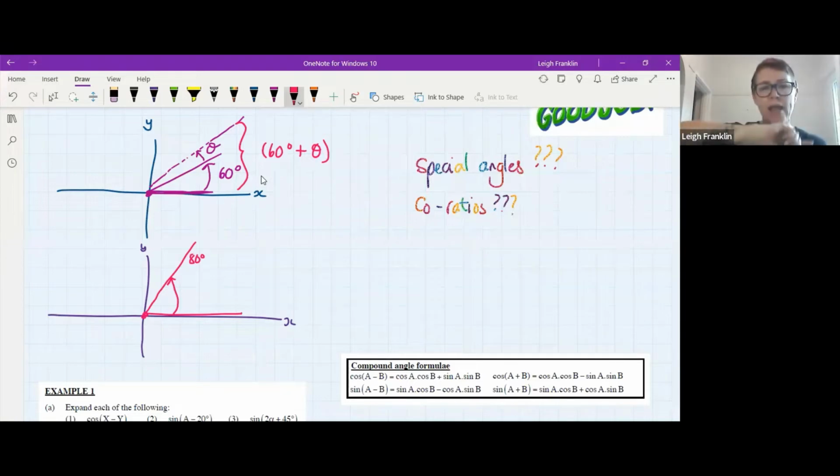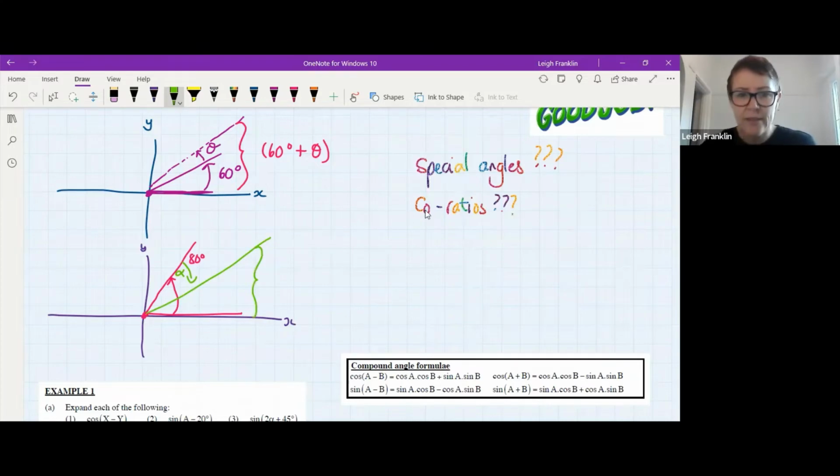Now I change direction, because remember, that's what negative angles are. I change direction and I come backwards. Let's say I come backwards alpha degrees. Now my terminal arm has stopped here. I can describe this angle over here as 80 minus, oh sorry, it wasn't theta, it was alpha.